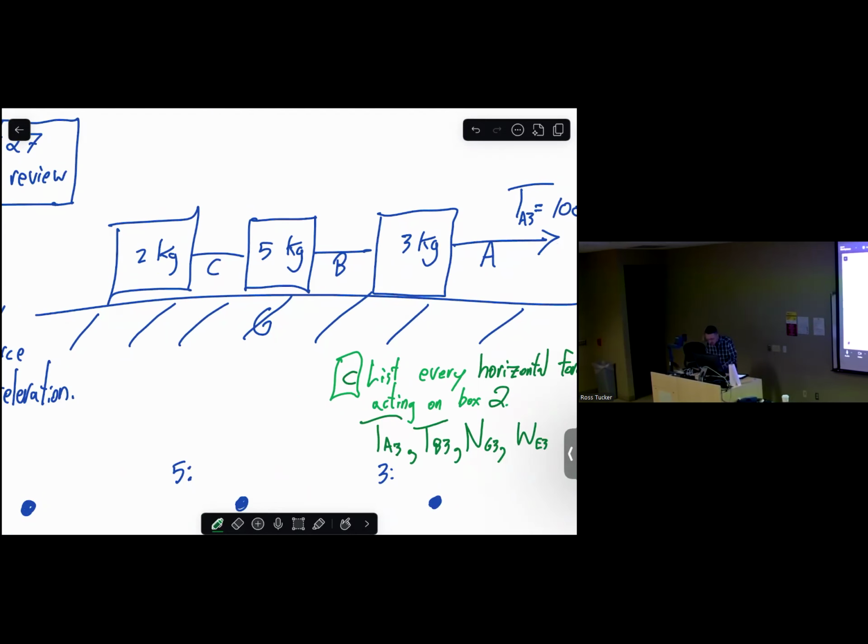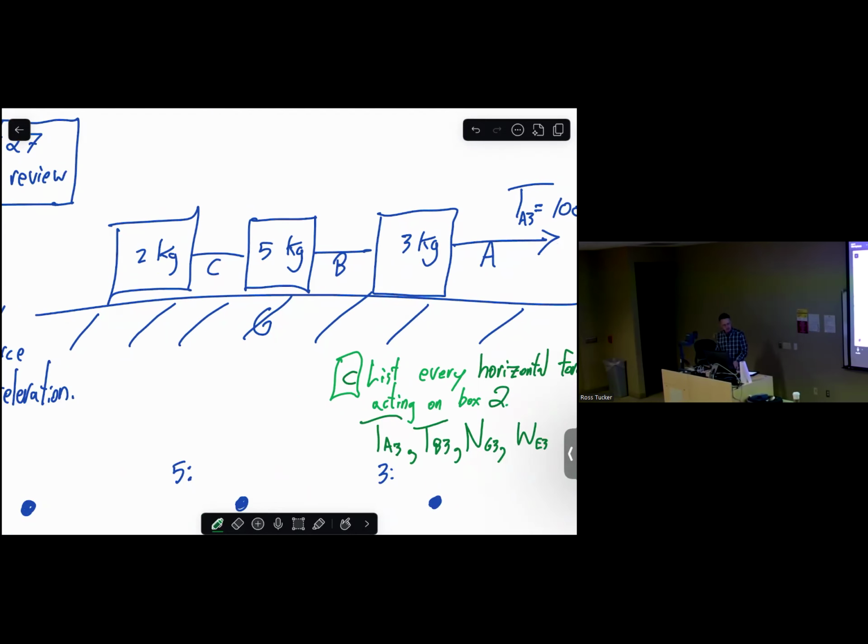There is only one thing pulling the 2-kilogram box along, and that is rope C. The correct answer is TC2 only. There is no other horizontal force. TC2. Not TC3. Not weight of Earth on 3. Not weight of Earth on 2. That's just it. TC2 and that's it.